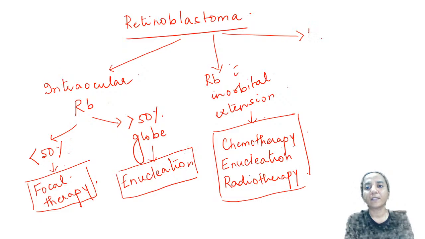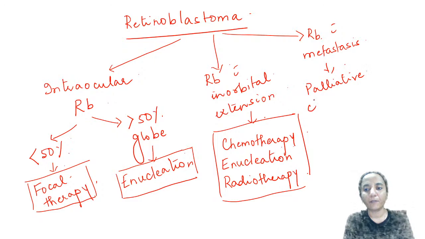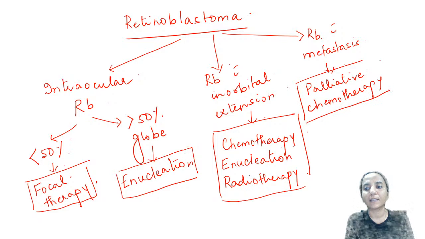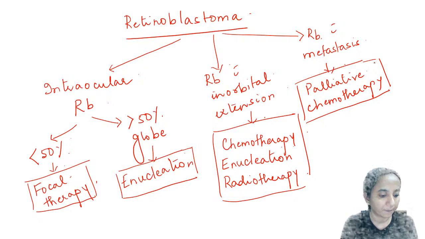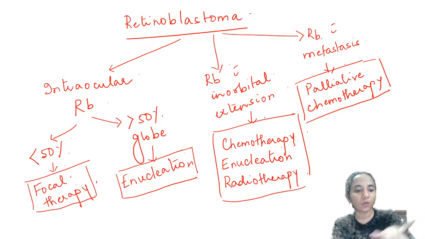But if you get a question with the last option, that is retinoblastoma with mets, then you mark palliative chemotherapy as the answer. So this is the basic flowchart, or the basic way in which questions are asked from retinoblastoma treatment. They have once asked about the spread, now they can ask this. Let's just go over this quickly.